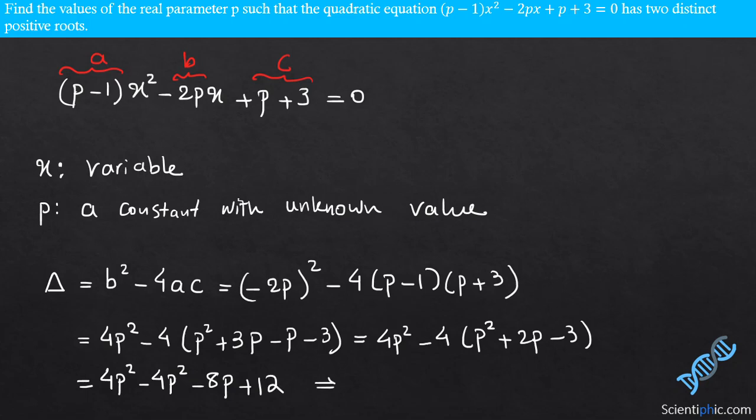So basically the discriminant will be equal to minus 8p plus 12. Let's continue in the next page.